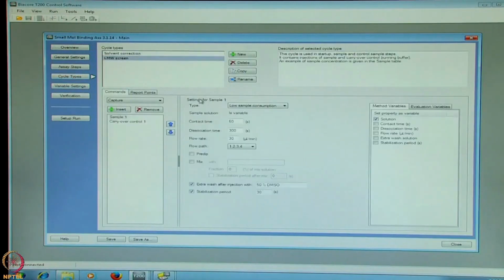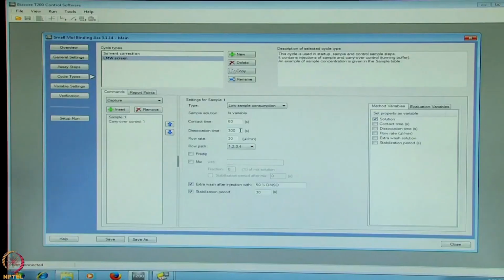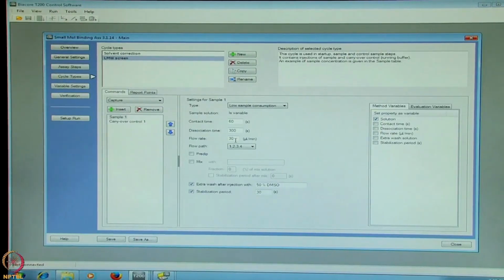In the low molecular weight screen mode, we have a contact time of 60 seconds, a dissociation time of 300 seconds, a flow rate of 30 microliters per minute, and the molecules were flown on channels 1, 2, 3 and 4, with an extra wash with 50% DMSO to prevent carryover effects.